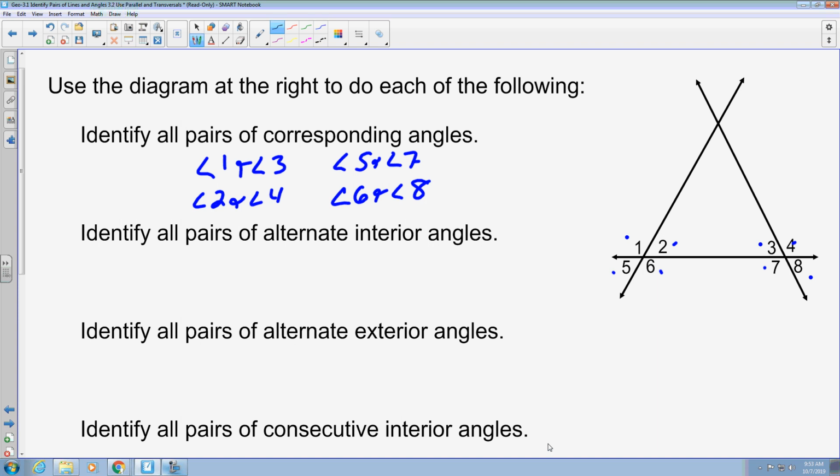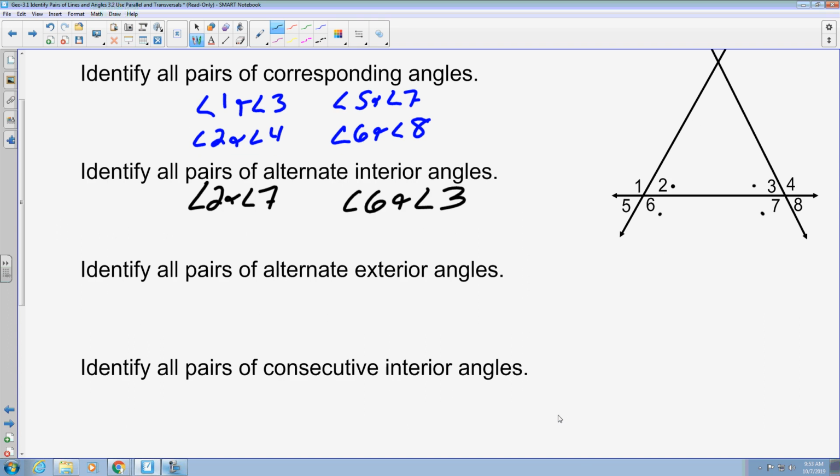Looking at alternating interior angles, so it's inside. I can say that angle 2 and angle 7, and angle 6 and angle 3. Look over here, alternating exterior angles, so it's opposite and outside.